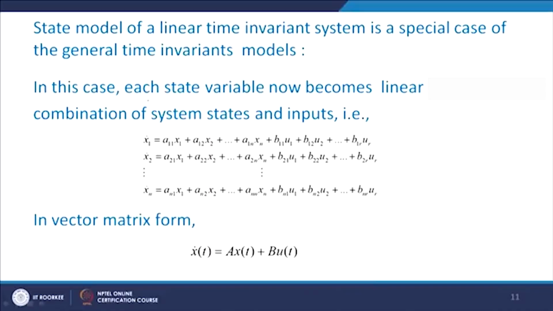As I told you earlier also, most of the systems are non-linear. Sometimes we have to represent them in linear form, that is called state space form. Suppose we write the equations in terms of a linear time invariant system. In this case each state variable becomes a linear combination of the system states and the inputs.